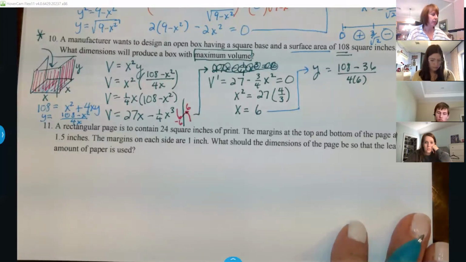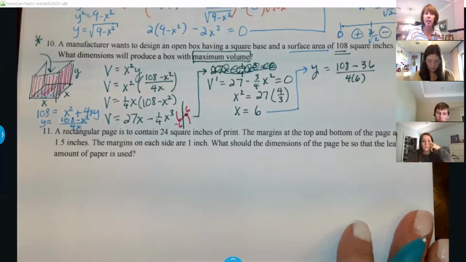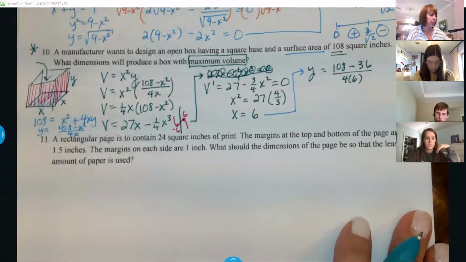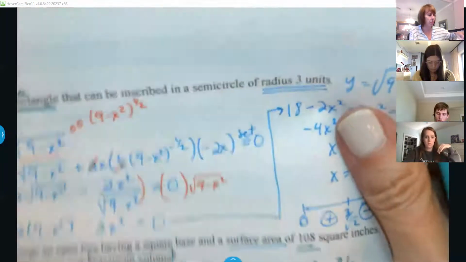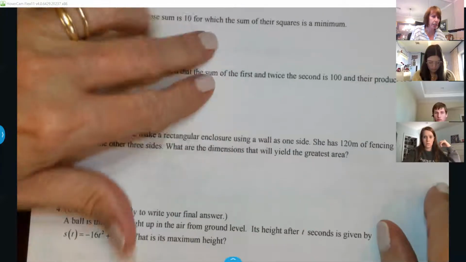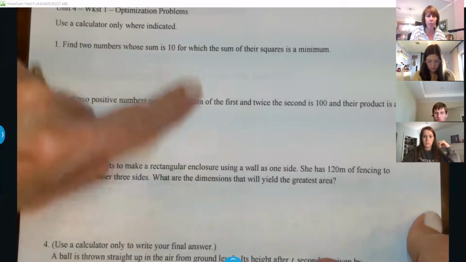All right, take a look and let me know if there's anything else on optimization you'd like to do before we go to the motion stuff. I do like these first couple.